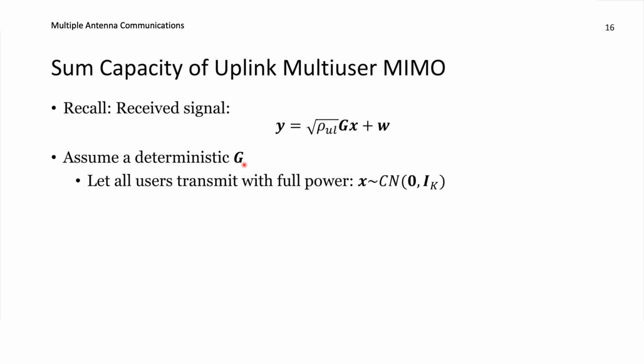And let's assume that all users are transmitting with full power. This means that the vector X is going to be complex Gaussian, and its covariance matrix is an identity matrix, because all the elements in X are independent of each other and have variance 1. That was the maximum power when we have normalized our system, so rho uplink is the total power.